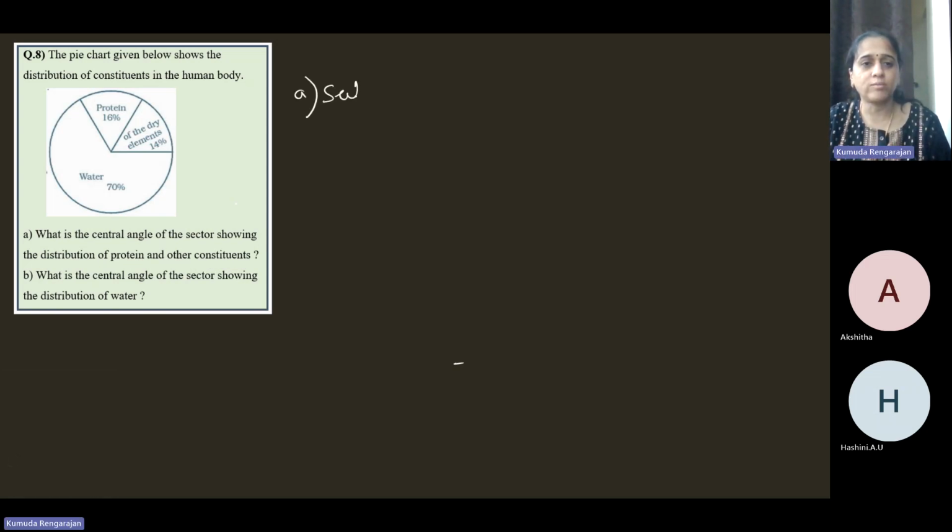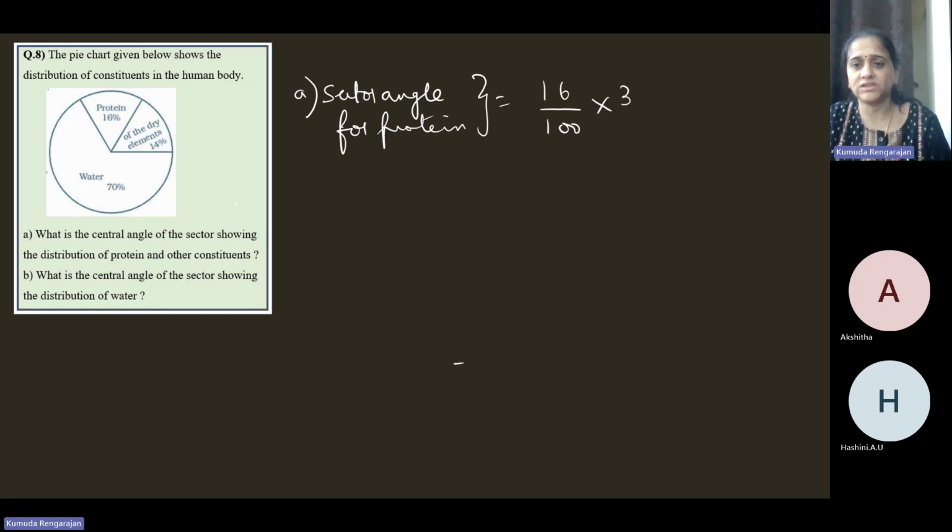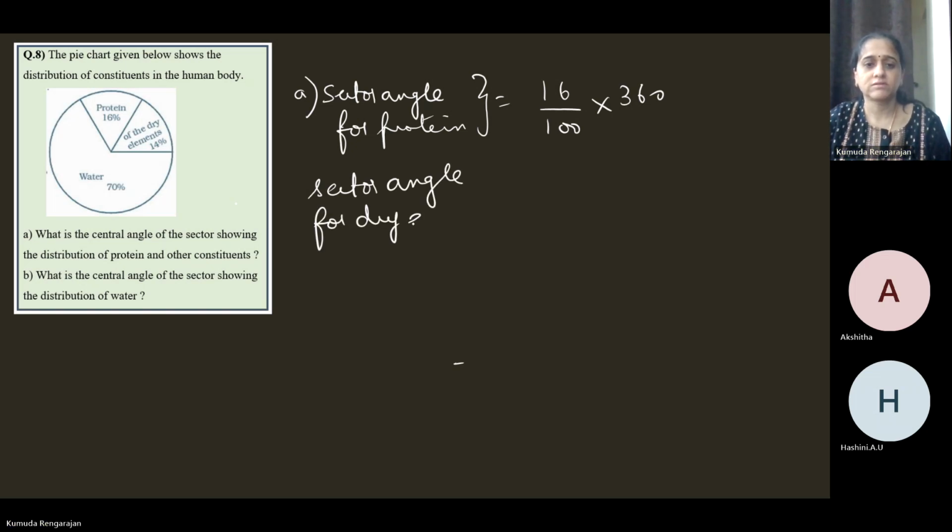What is the sector angle for protein? Sector angle for protein is equal to 16 by 100 into 360. What is the sector angle for dry elements? It will be 14 by 100 into 360. Correct?